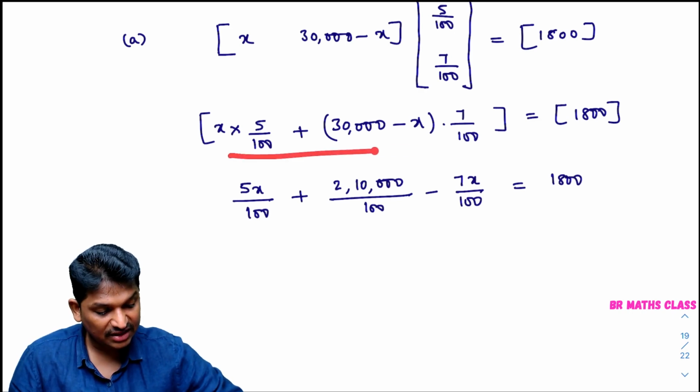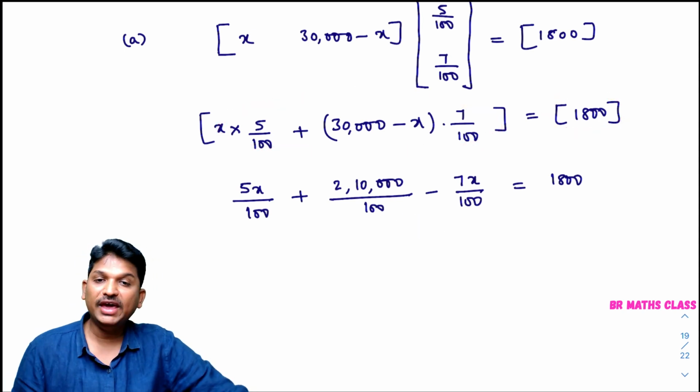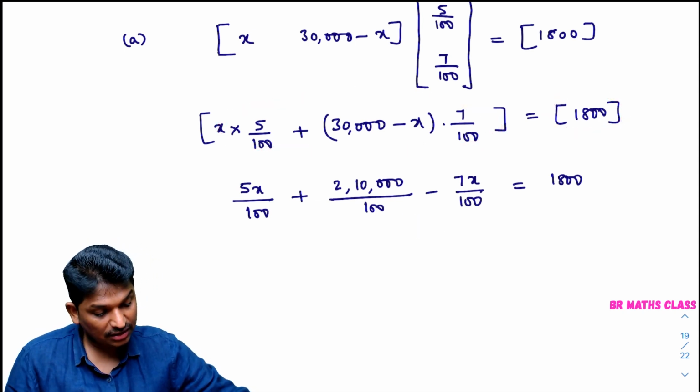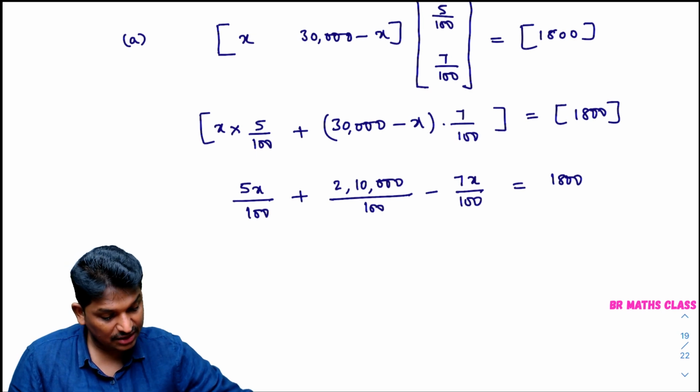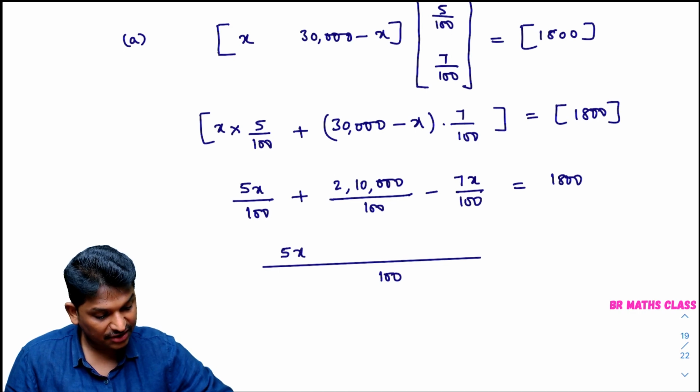Actually I am equating this equal to this. In that process I simplified also. Okay, now left hand side part, what is the LCM? Left hand side part LCM is 100.